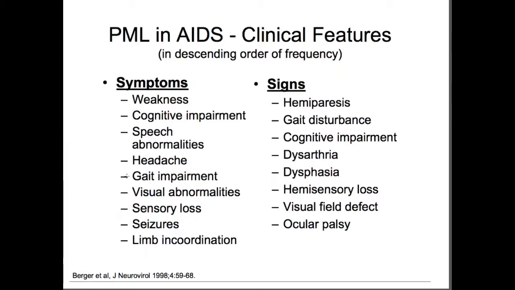The clinical features of PML, in descending order, include stroke-like symptoms. So patients can have weakness, cognitive impairment, speech abnormalities, headache, gait problems, visual problems. The signs include hemiparesis, gait disturbances, cognitive impairment. So essentially like stroke-like symptoms.